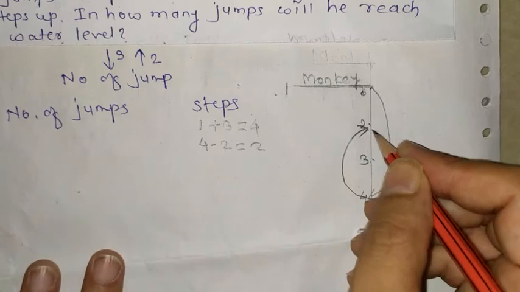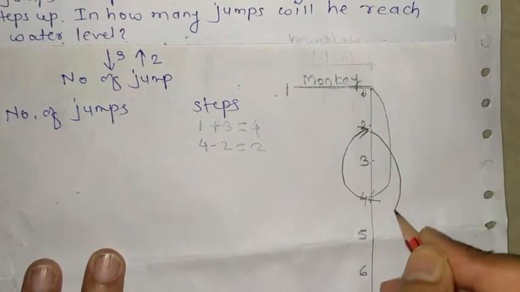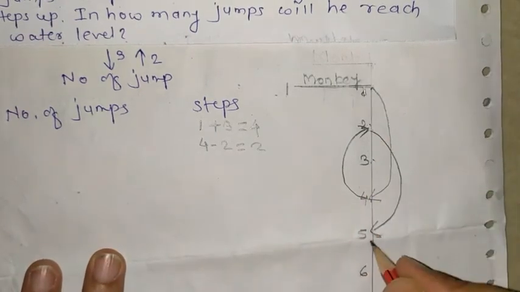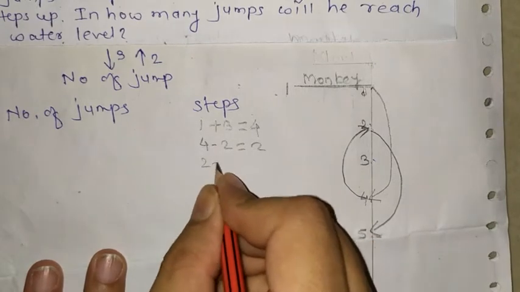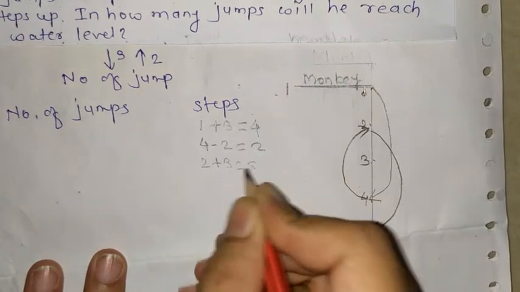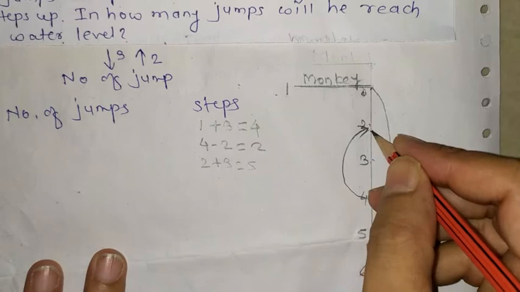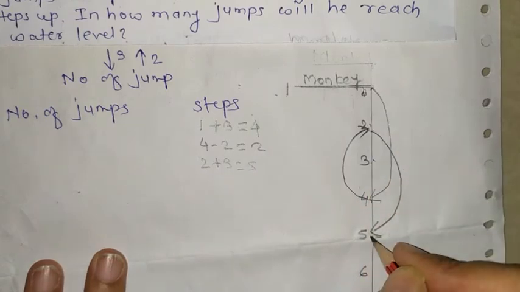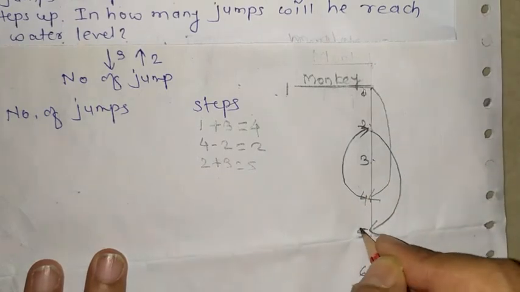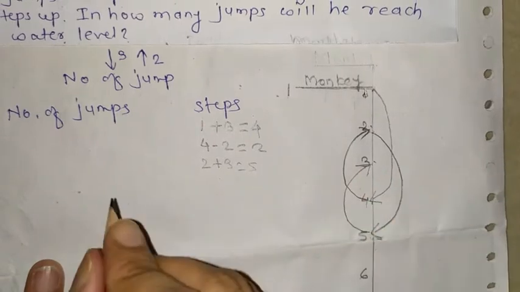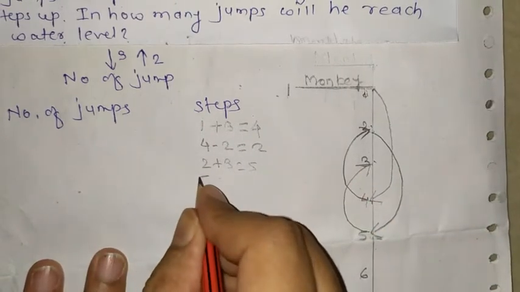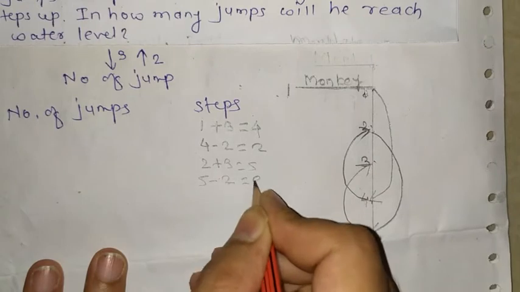Then after that, the monkey will go again 3 steps downside. So basically 2 plus 3 is 5. Why have we written 2? Because the monkey is present at the second step. Then add plus 3, we get 5. Then the monkey returns back to third, means 5 minus 2 is 3.